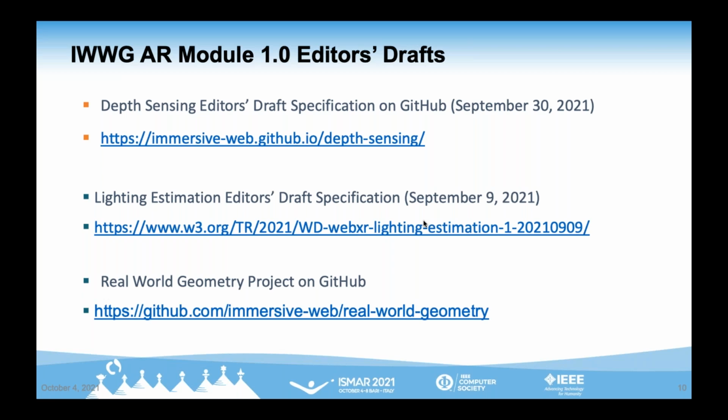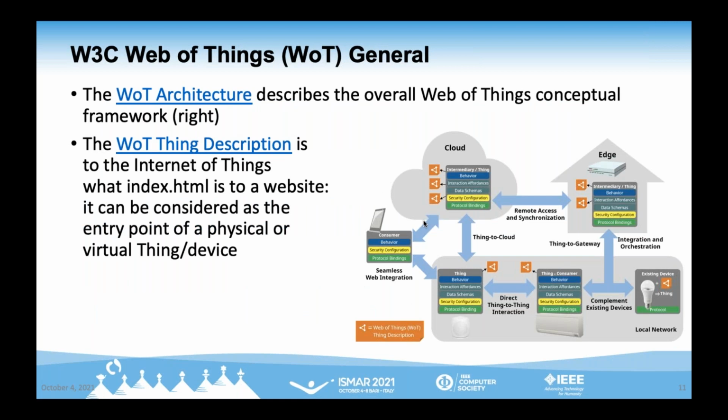These are not specifications, they're just parts of the AR Module 1.0 that are, I would say, rather slowly and carefully advancing towards being specifications. So you can learn more about those at the links there. The W3C also started, I believe in 2018, the Web of Things working group.